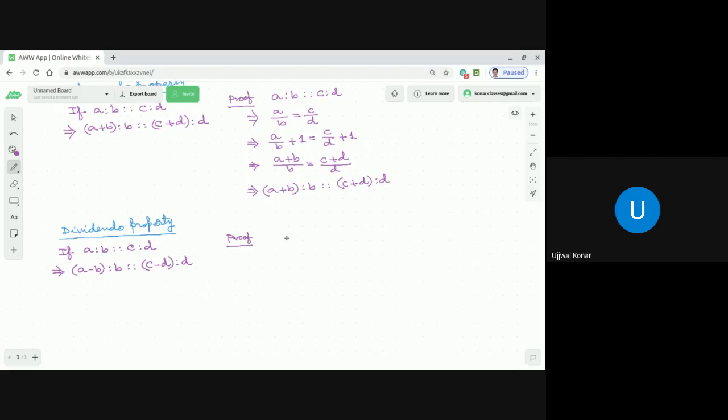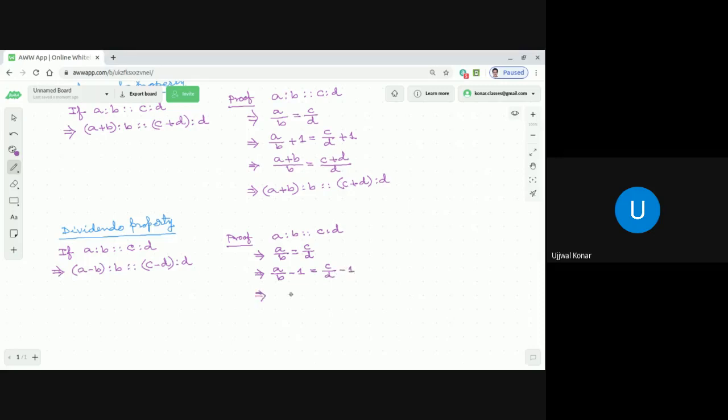To prove it, as it is given that A is to B is equal to C is to D, this implies A by B is equal to C by D. This implies A by B minus 1 is equal to C by D minus 1.